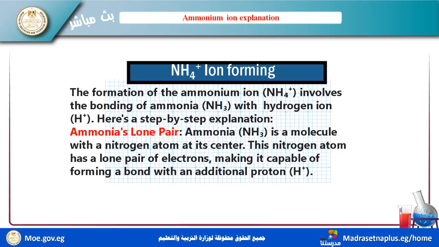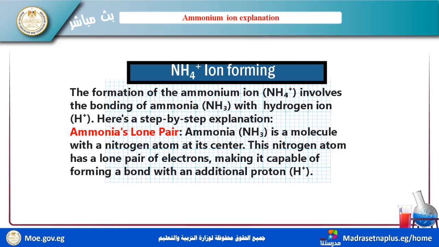Now, if you write the electron configuration of nitrogen, N equals 7, please write it in your paper. The electron configuration of nitrogen is 2s2, 2p3. Now, you have 3 single electrons in the p orbitals, but I have 2 electrons in orbital s.